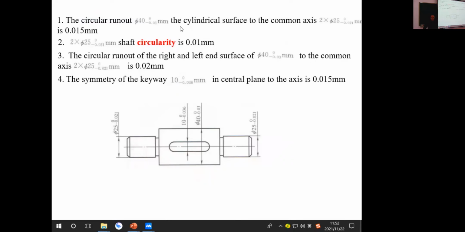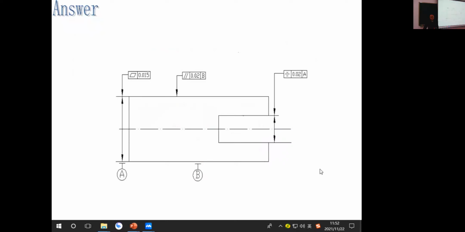Stress, you need to change the question, this one, to the common axis. If this that we have and the class over. And the last one.